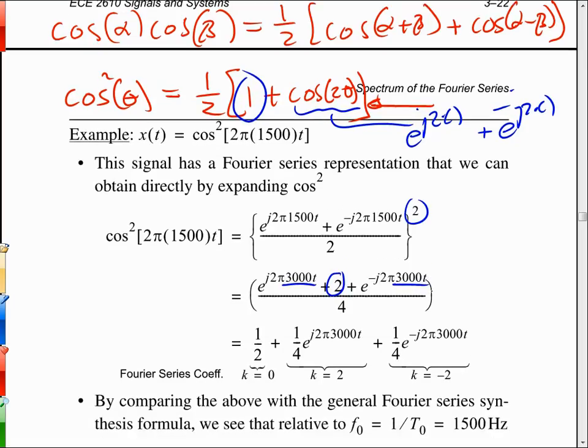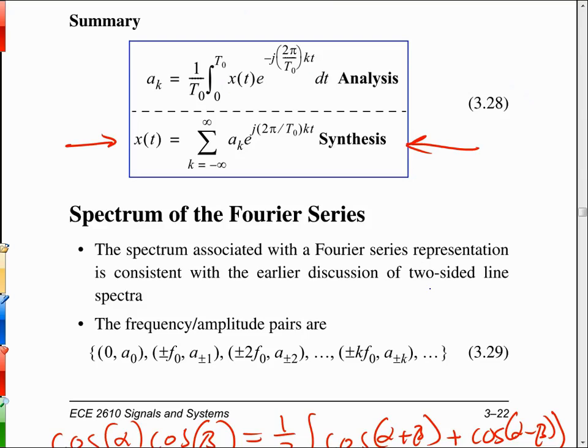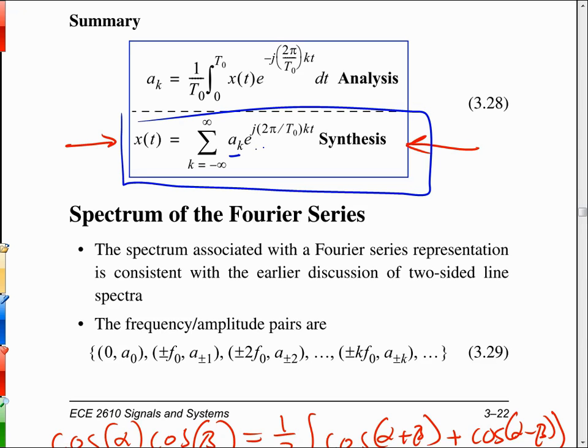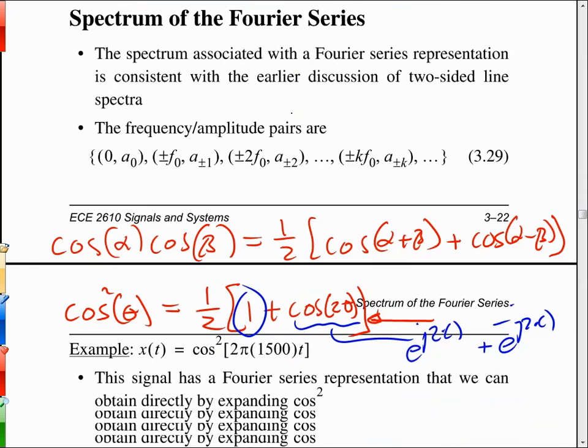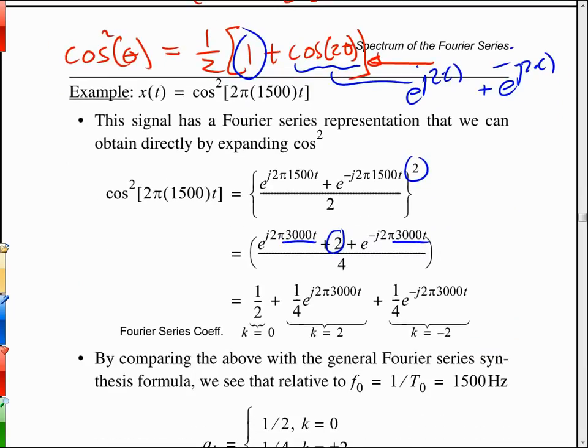So when I get done with this, looking back at the general Fourier synthesis formula, I'm looking to see how I can represent x of t in terms of some amplitudes and some complex sinusoids. That's exactly what I have right here. When I do that decomposition, I can see x of t is composed of a 1/2, so that must be the coefficient that goes with k equal to 0.